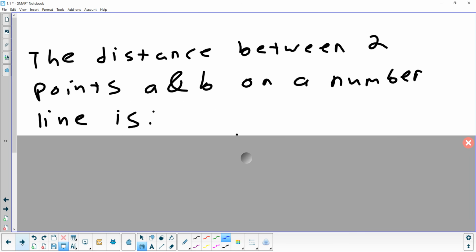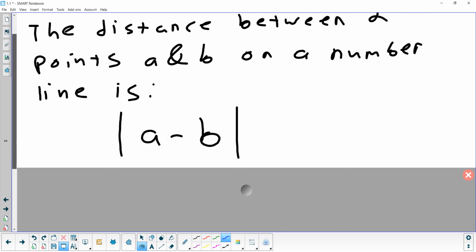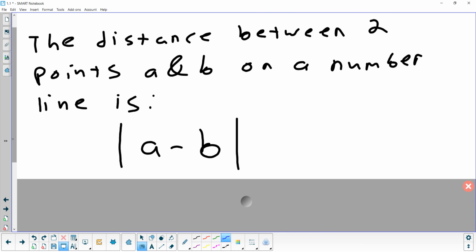So, absolute value is how you can figure out how far apart two things are. If I'm on a number line, and I want to know how far it is from point A to point B, just subtract A from B and take the absolute value. And that'll tell you how far apart they are. So A will be a number, B will also be a number, and then we'll subtract the two and take the absolute value.